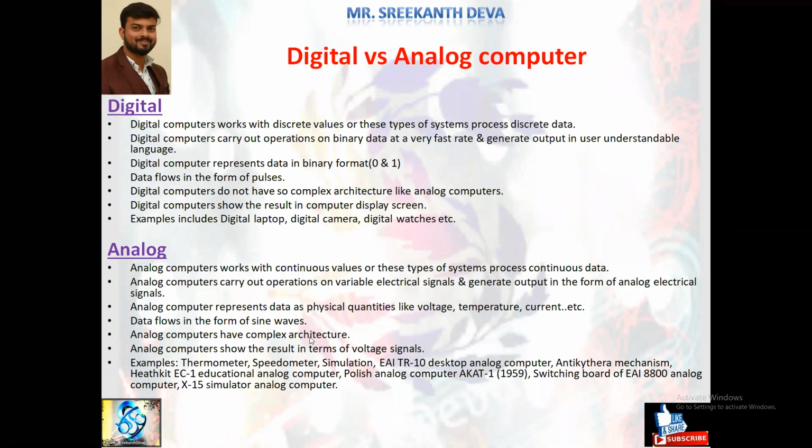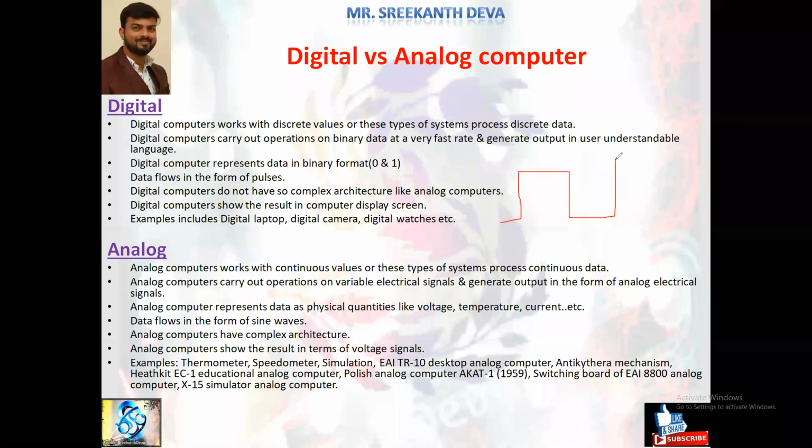An analog computer represents data as physical quantities like voltage, temperature, current, speed, pressure, etc. In digital computers, the data flows in the form of clock pulses, which we can measure as on or off, 1-0 representations.